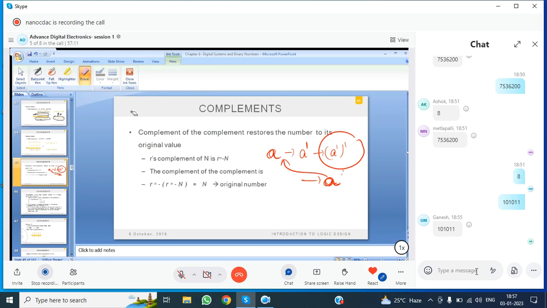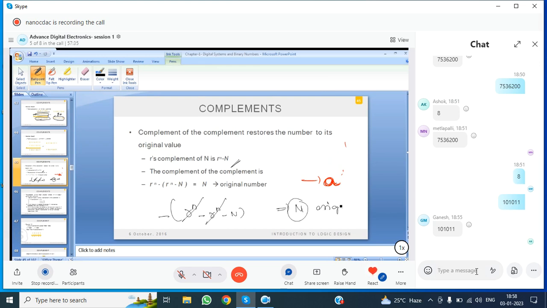So here R's complement of n is nothing but R power n minus n. So the complement of the complement will give you R power n minus R power n plus n. So R power n and minus R power n will get cancelled. So n will be the original number. A simple thing.